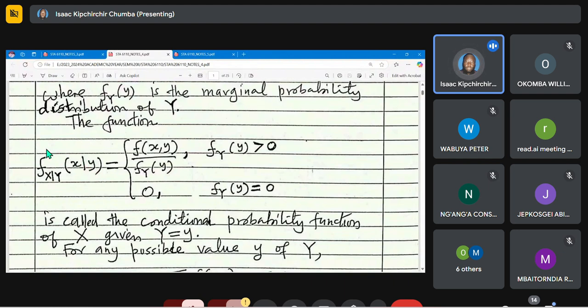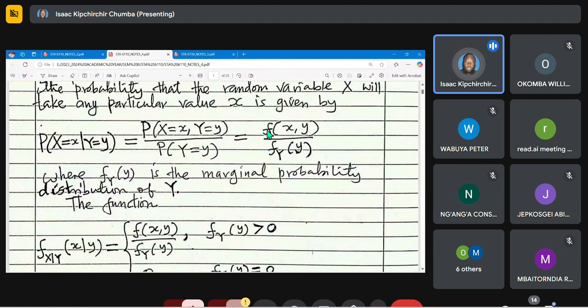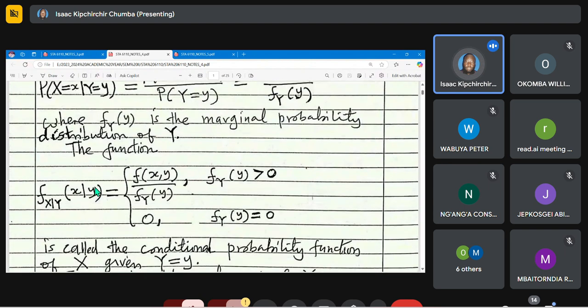To distinguish the functions, remember we are using the function f for the joint. We are using the function f subscript y for the marginal of y. We are using the function f subscript x for the marginal of x. We are going to adapt this notation: we say f subscript x given y.